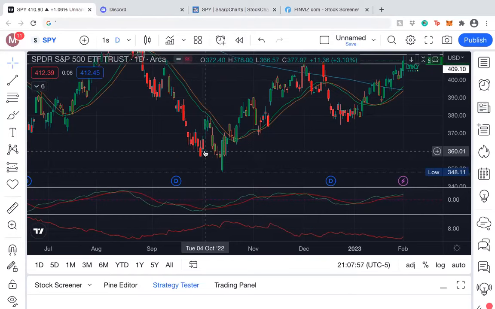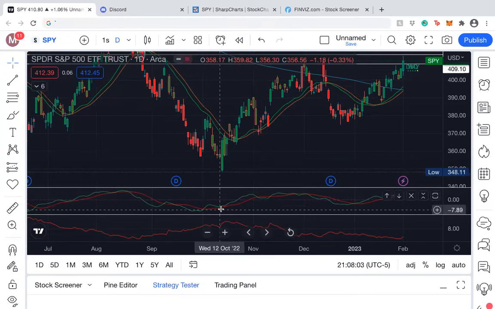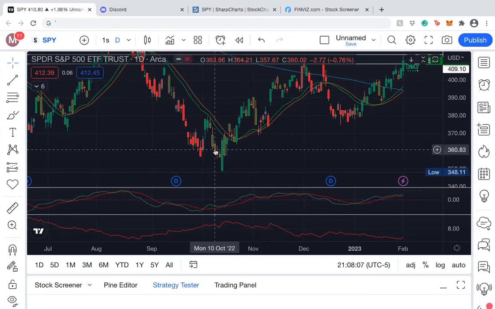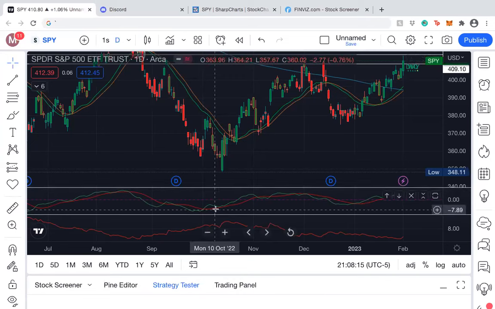Yeah, so here's the thing. When you look here and you see where this sort of crosses, it's close to this same area of where this is going to touch on the MACD line, right? So as it's consolidating, you see that the share price is below the EMA 5 and the 20-day, but you look down here at the MACD and you see it starting to trend downwards to hit the signal line, right?